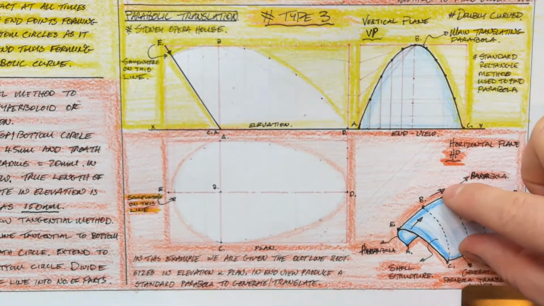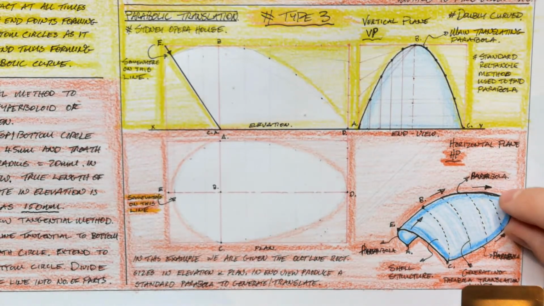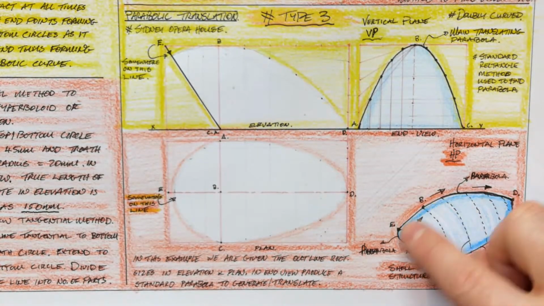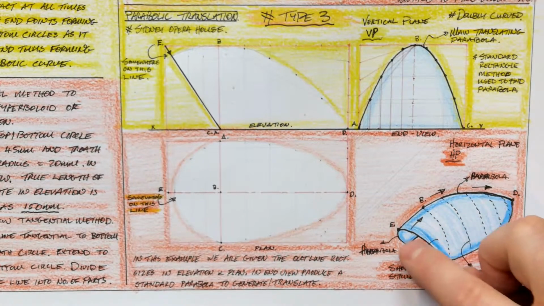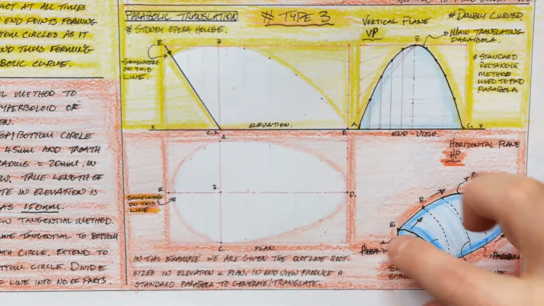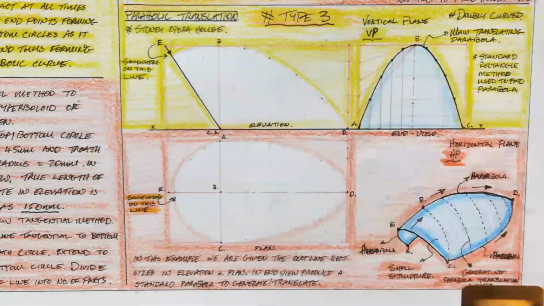So it's constantly translating, decreasing, decreasing, decreasing until it meets the horizontal plane, and that gives us the footprint, okay? And obviously this gives us the shape in that direction, and the parabola itself gives us the shape going in this direction as it's generating and translating, okay?